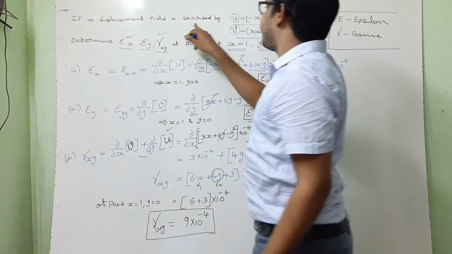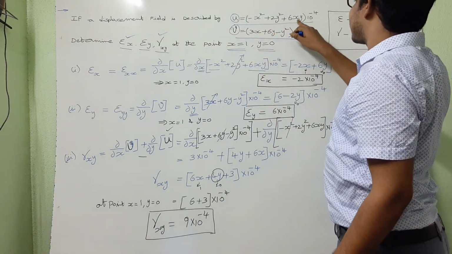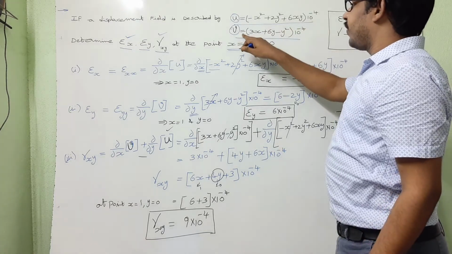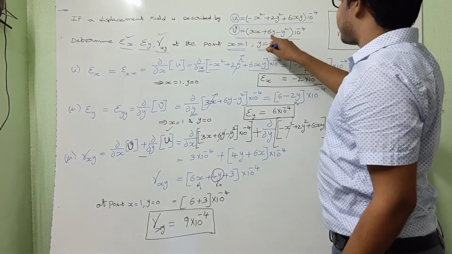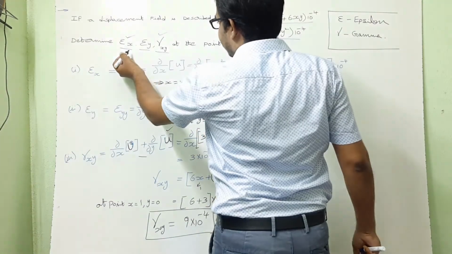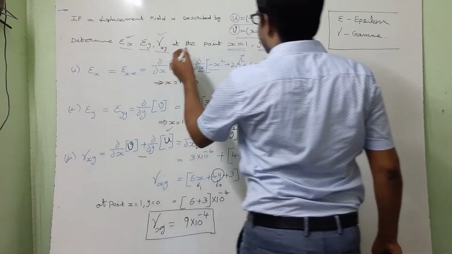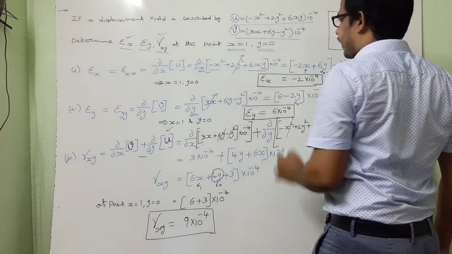If a displacement field is described by u equal to minus x square plus 2y square plus 6xy into 10 power minus 4, v equal to 3x plus 6y minus y square into 10 power minus 4, determine epsilon x, epsilon y and gamma xy at the point x equal to 1 and y equal to 0.